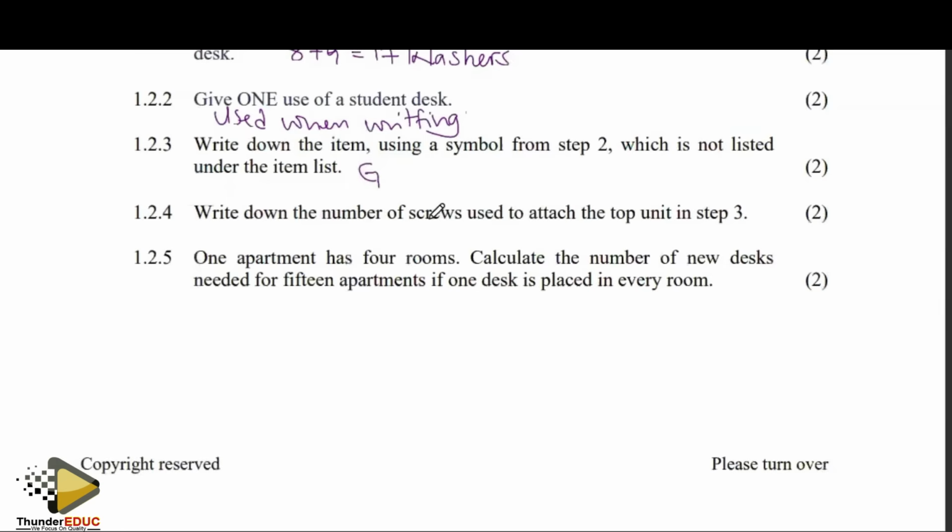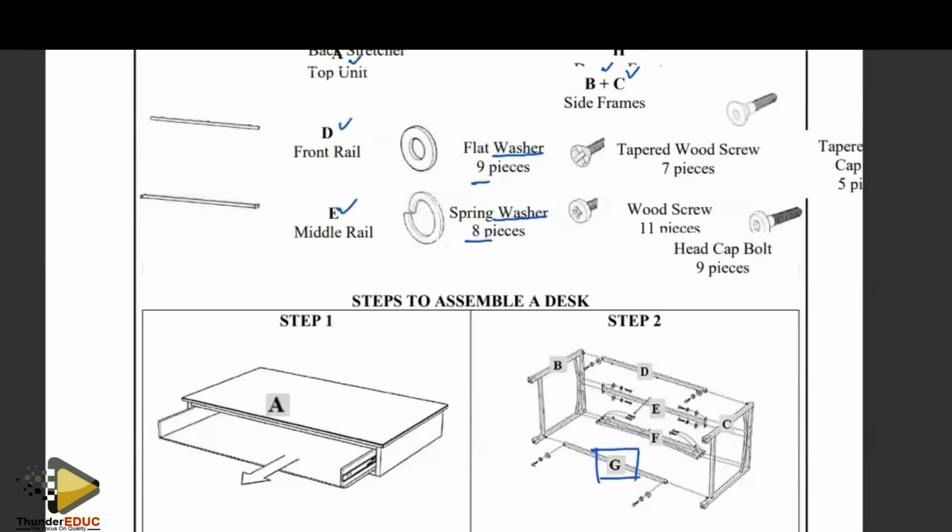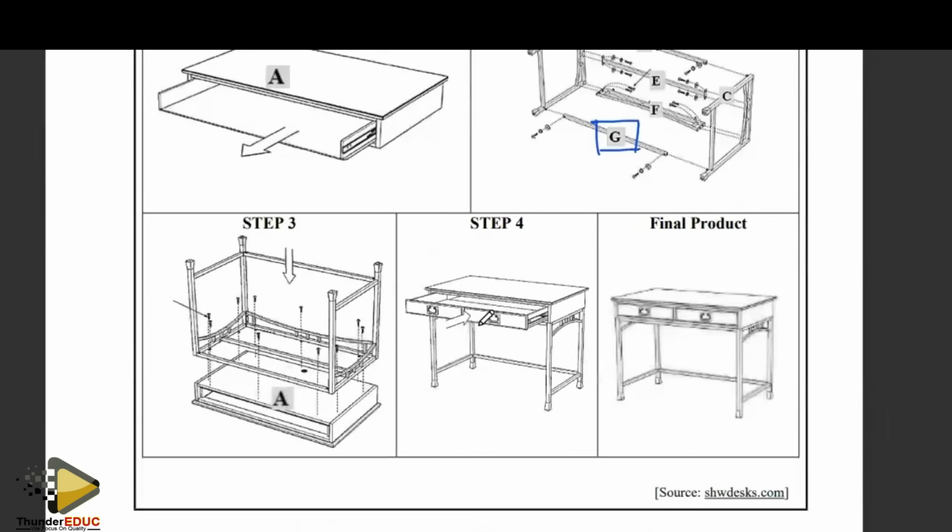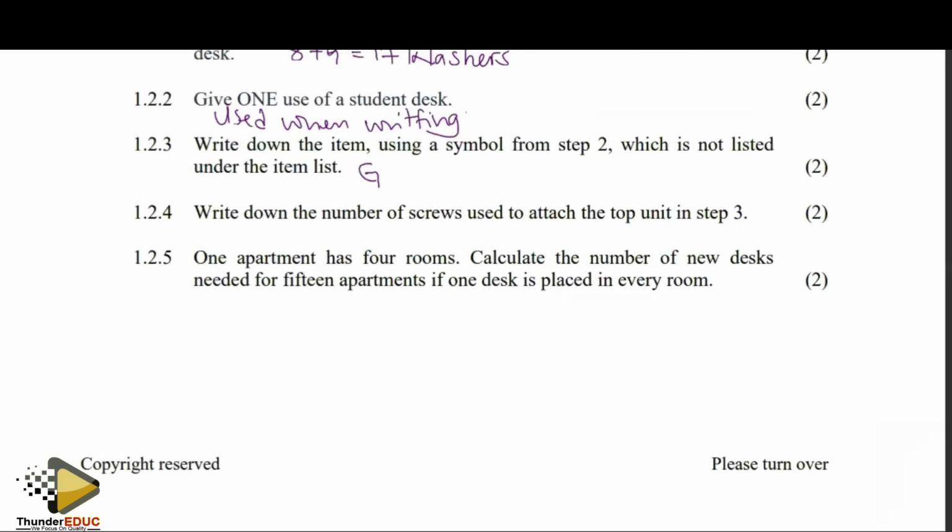Write down the number of screws used to attach the top unit in step number 3. Number of screws in step number 3, we shall count them. Here we have 2. These are 3. We have 3 here. We have 2. So they become 10 screws.